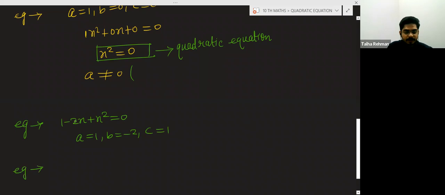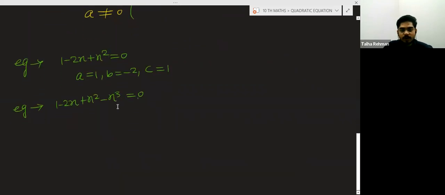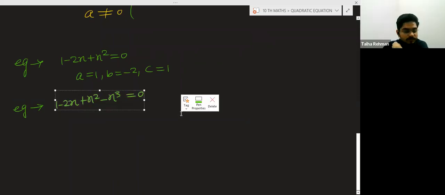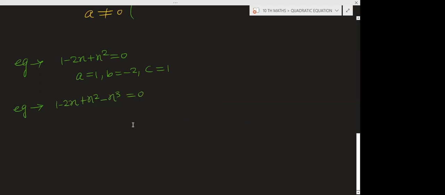Another example we can take: 1 minus 2x plus x square minus x cube is equal to 0. Is this a quadratic equation, Azaan? I am talking about this equation. No, sir.